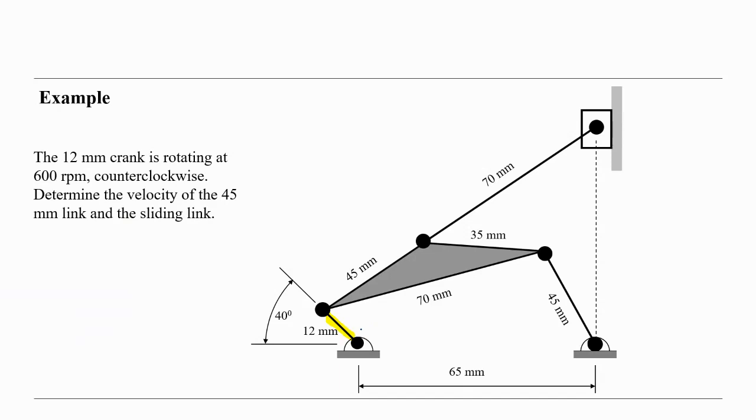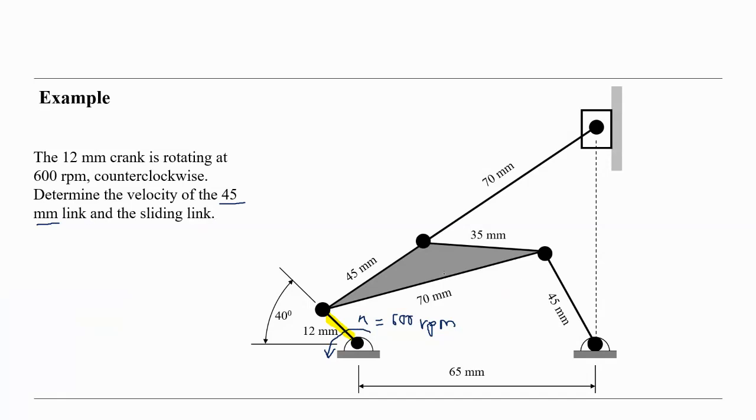So N is equal to, sorry, 600 must be, sorry for that, 600 RPM. So determine the velocity of the 45 millimeter link and the slider links.